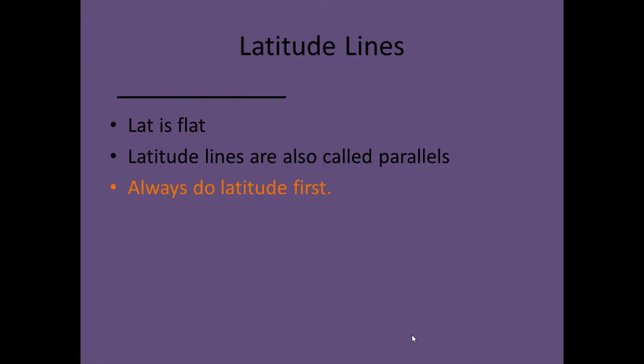You're not going to see latitude lines as you walk down the street. They are used on maps. Another name for latitude lines is parallels because they never touch. I will probably use the word latitude lines, but you can use the word parallels if you want. And just to make things simple, we're always going to do latitude first.